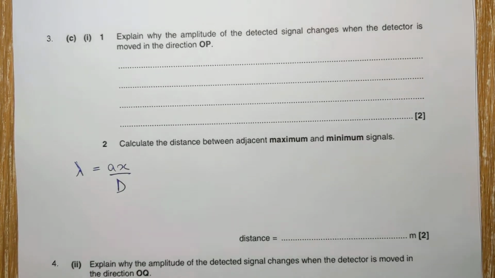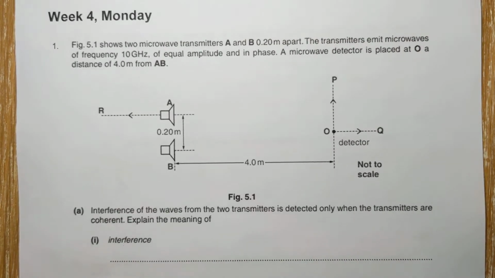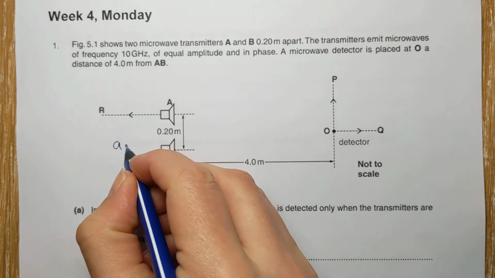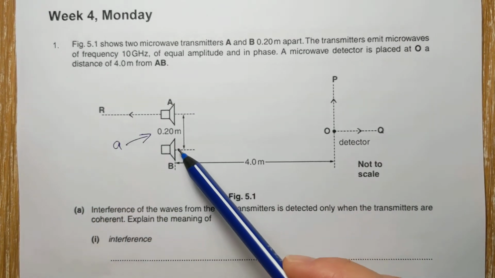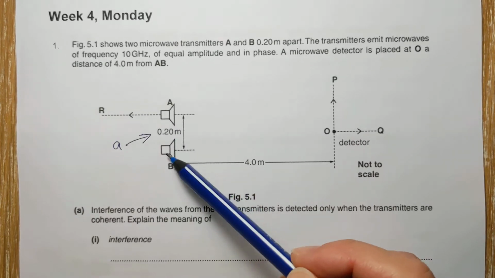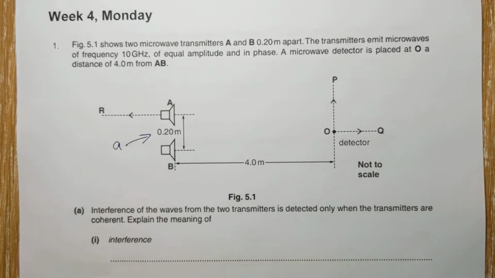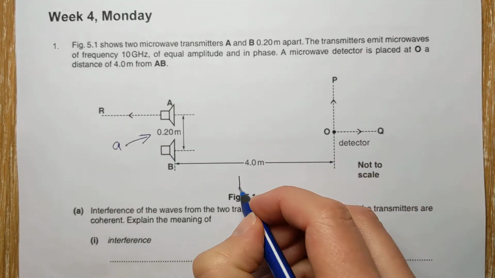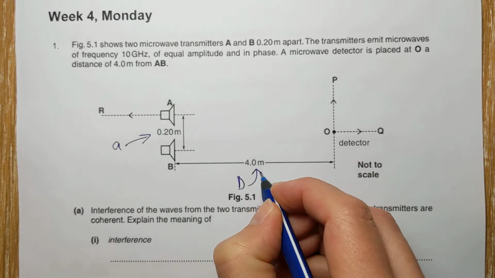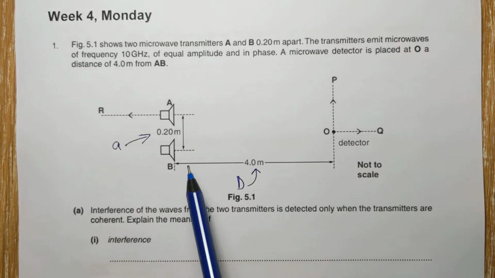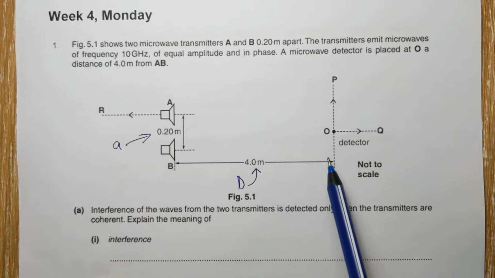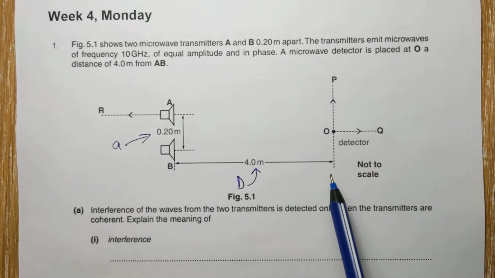So let's do that first. a, remember, is the slit separation, and so in this situation it's the distance between the two wave emitters. Capital D is the slit to screen separation, so in this situation that's the distance from the wave emitters to the line that you're moving the detector along.